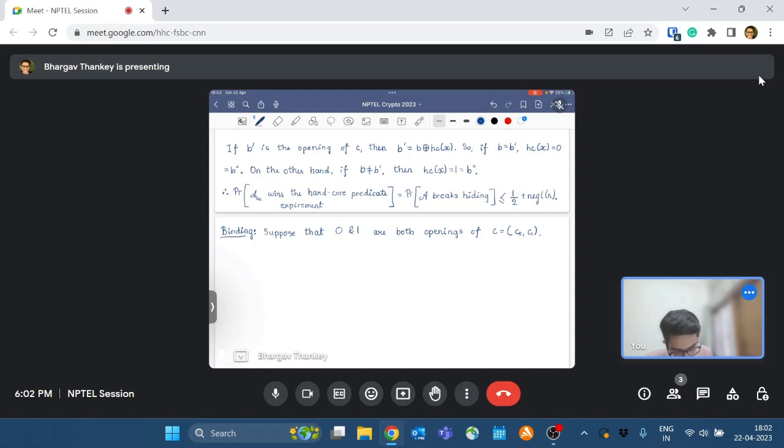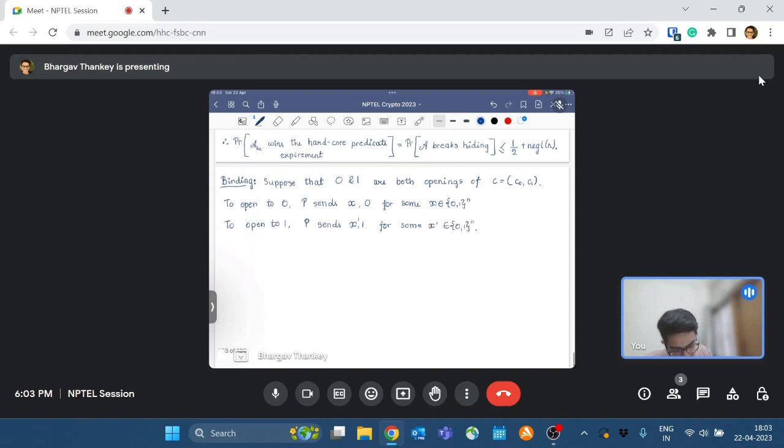So to open to 0, we have x and 0 for some x in {0,1}^n, and to open to 1, we have x prime and 1 for some x prime.